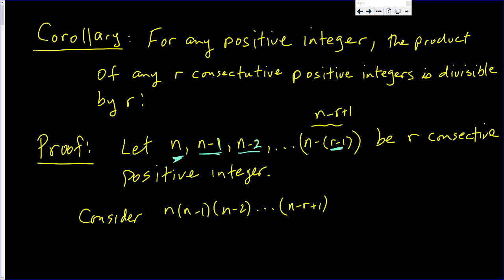Now, this is equal to n factorial over n minus r factorial. Okay, out of nowhere, I'm going to divide by r factorial, and I'm going to multiply by r factorial.